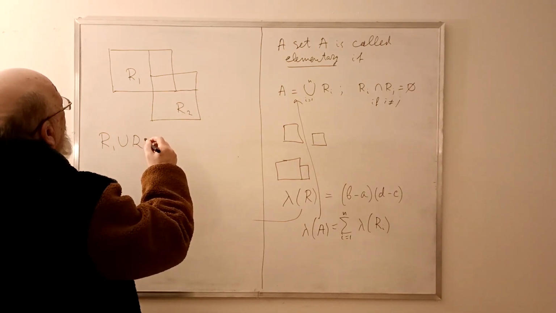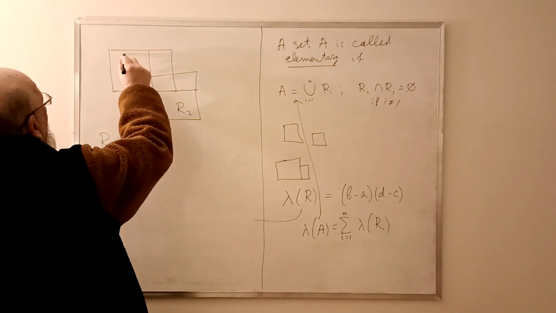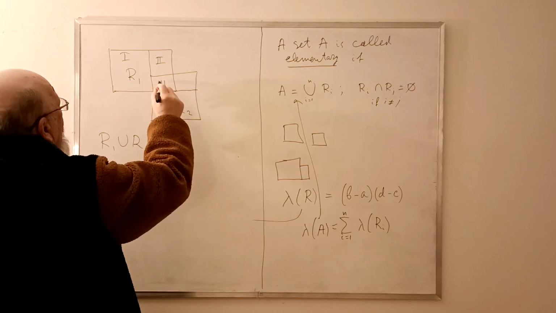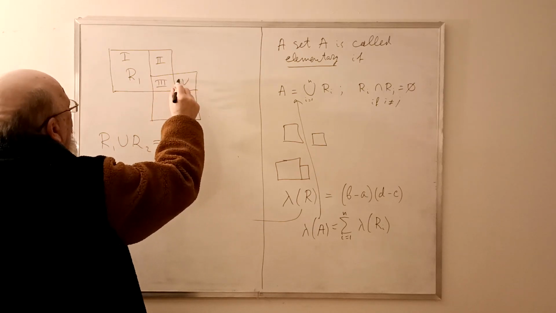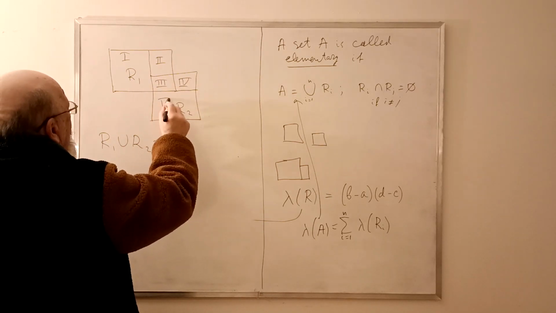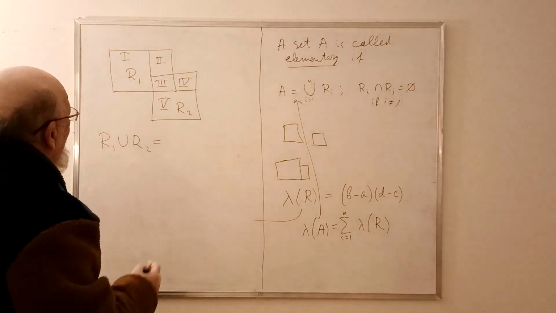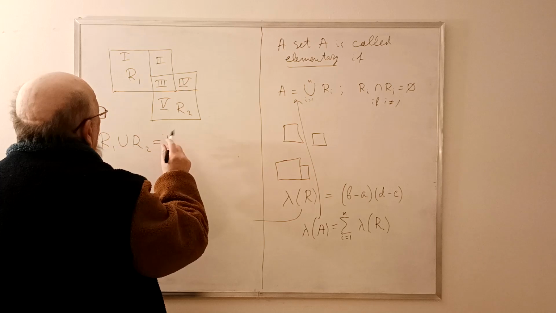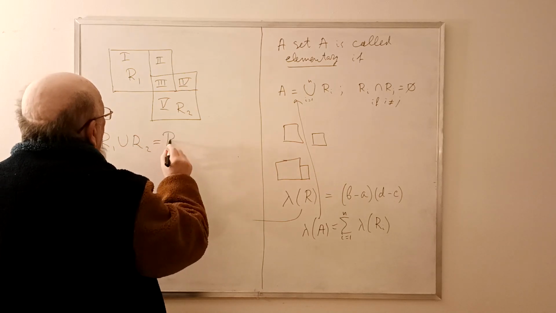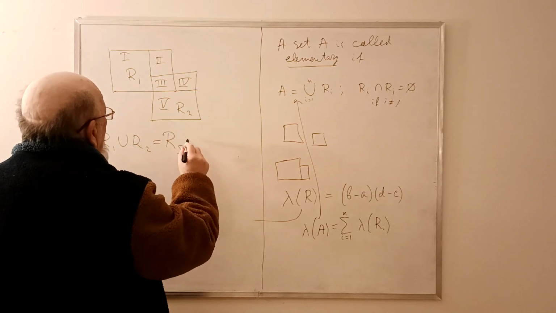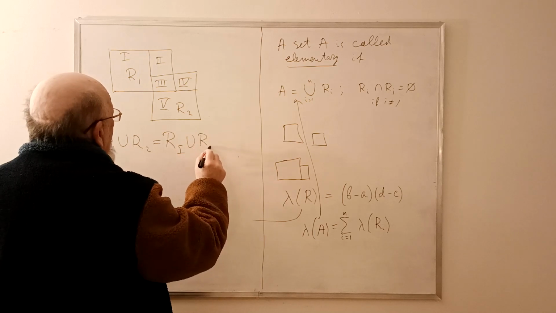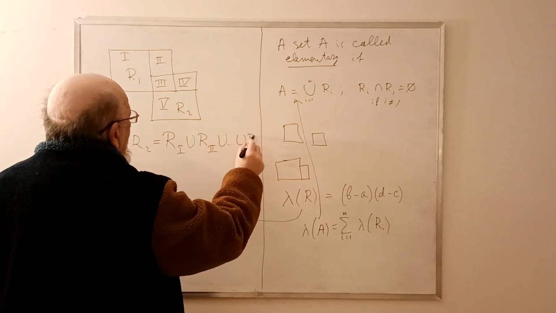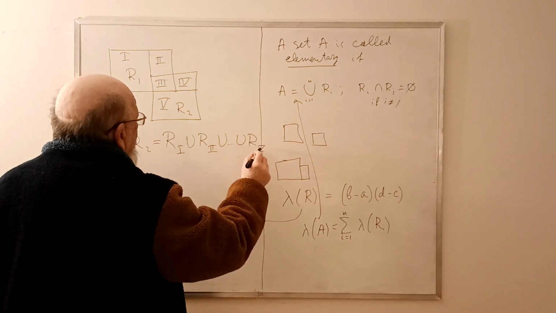All in all, we have here 1, 2, 3, 4, and 5 rectangles, so R Roman 1 union R Roman 2 union up to R Roman 5.